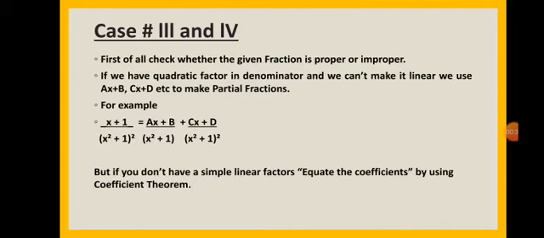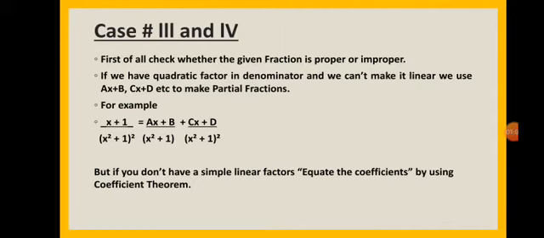First of all, check whether the given fraction is proper or improper. If the given fraction is improper, divide the numerator by denominator to make it proper fraction. If we have quadratic factor in denominator and we can't make it linear, we use ax plus b, cx plus d, etc. to make the partial fractions.